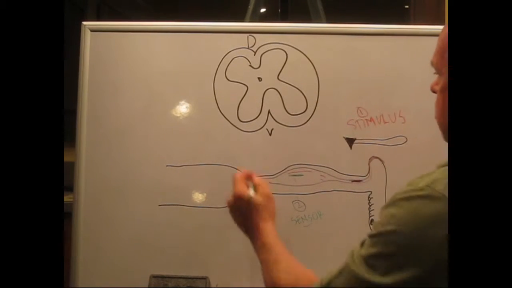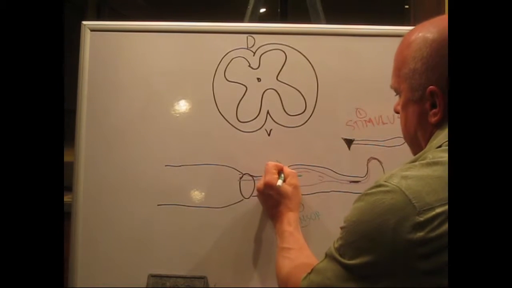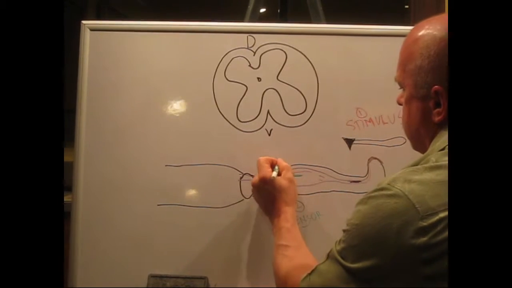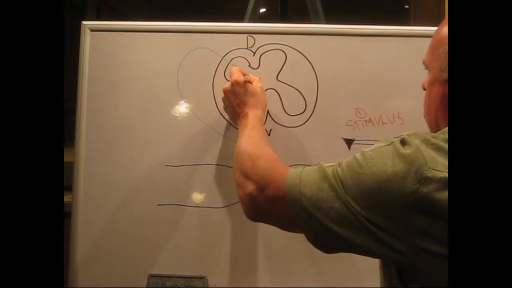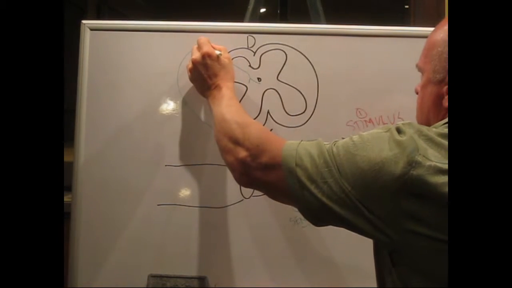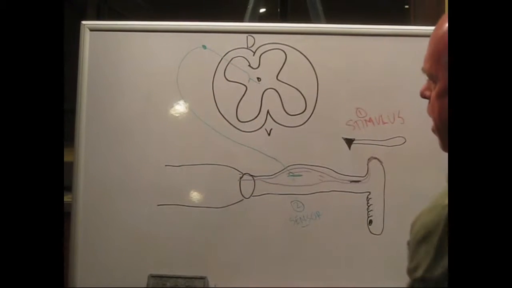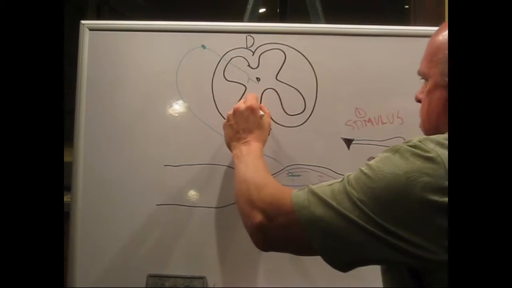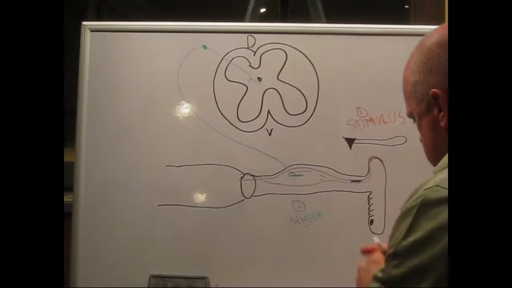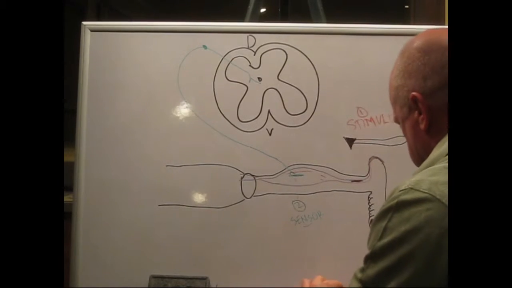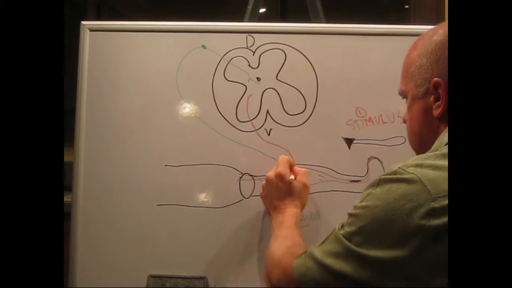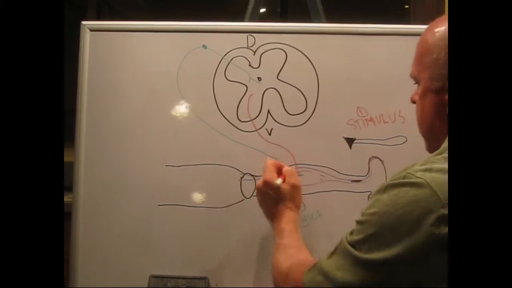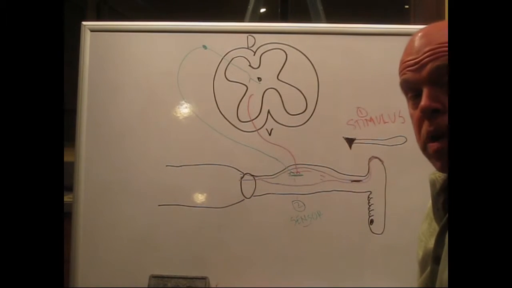Recall that muscle spindles have afferent axons that project into the dorsal horn. Here would be the cell body here in the dorsal root ganglia. They're also innervated by motor axons that help to maintain and establish the resting tone or tension within the muscle spindle.